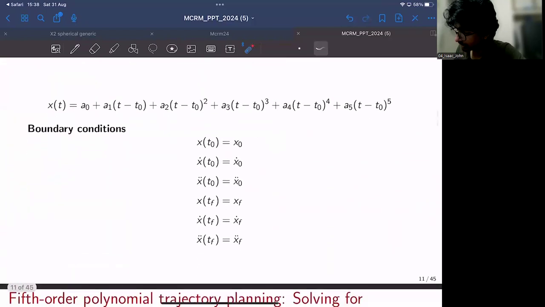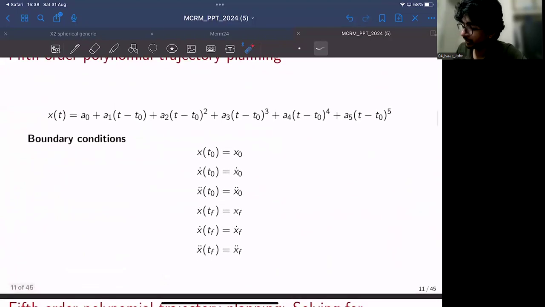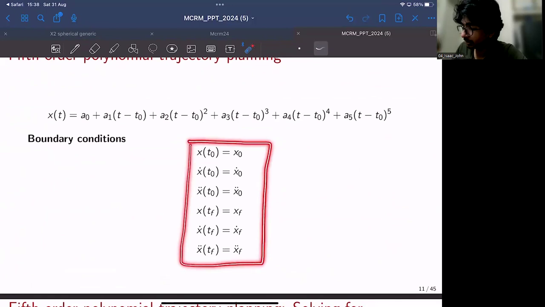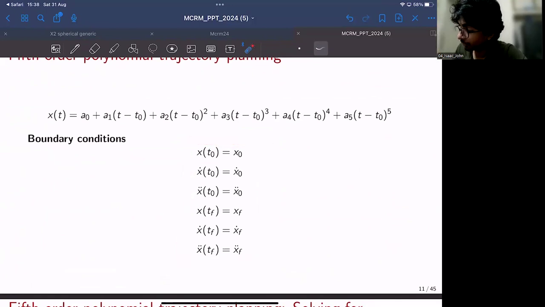Okay, so these are the boundary conditions of your quintic trajectory planning. You will have your initial position, initial velocity, initial acceleration. You can also specify your desired final position, final velocity, and final acceleration.